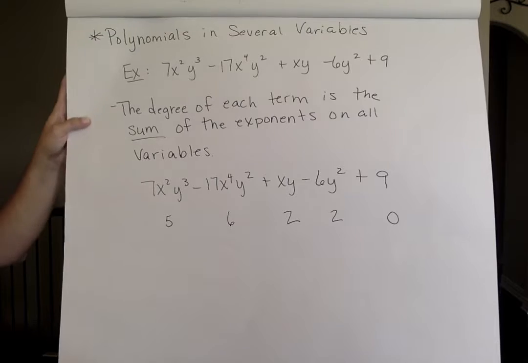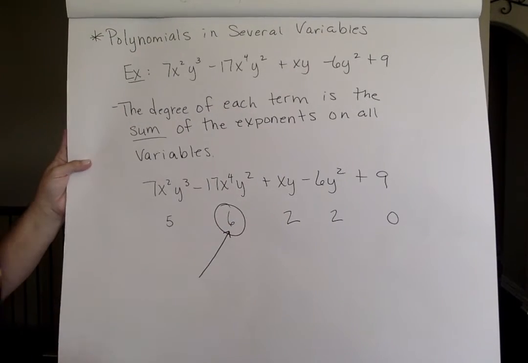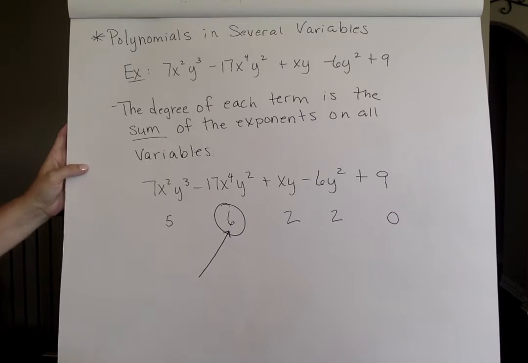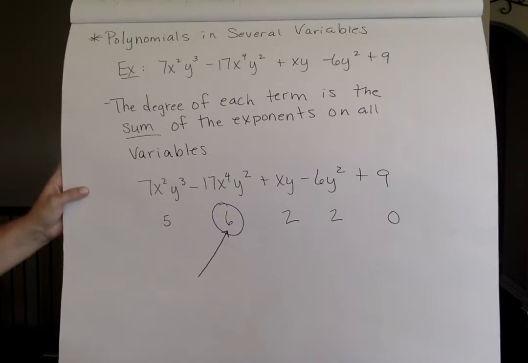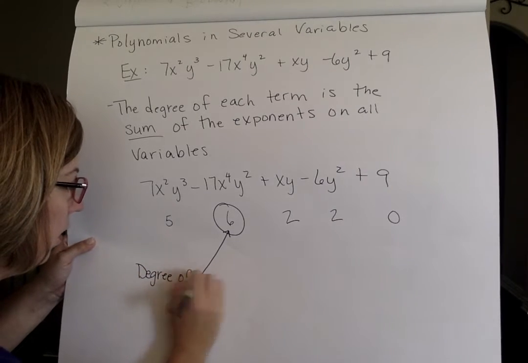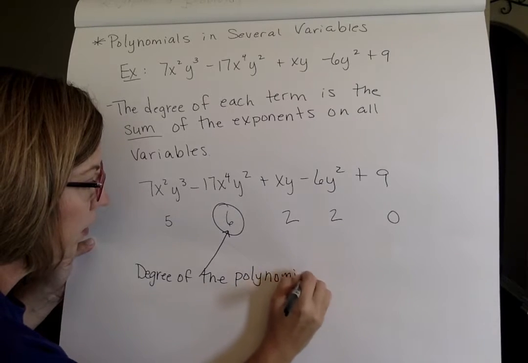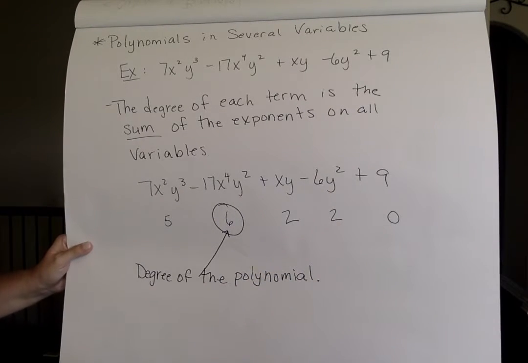So the degree of this polynomial is still the highest power, or the highest degree term. Okay, degree of the polynomial. Okay, so that part is not any different than what we talked about earlier.